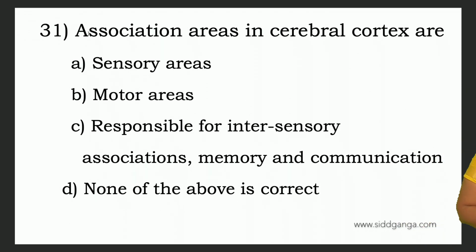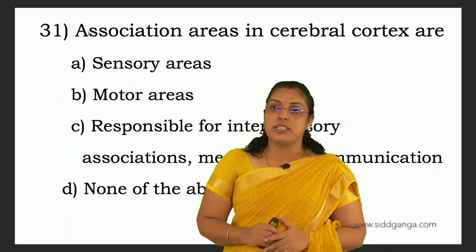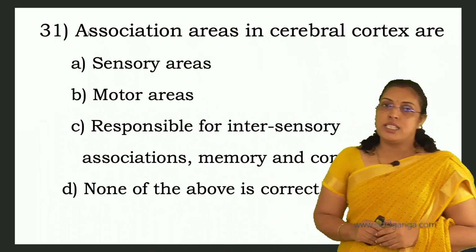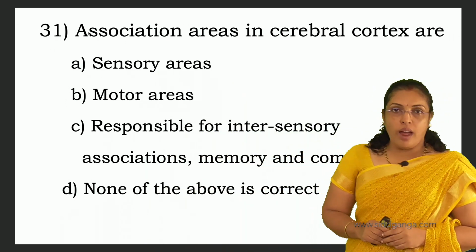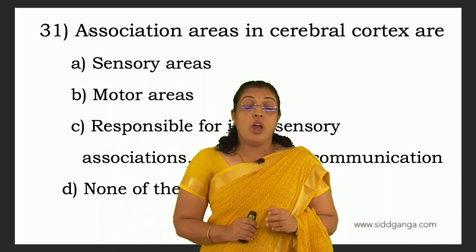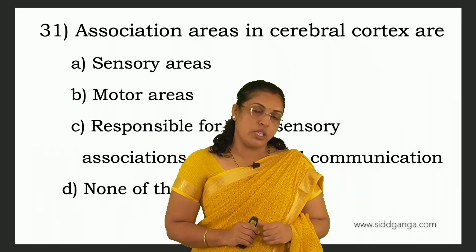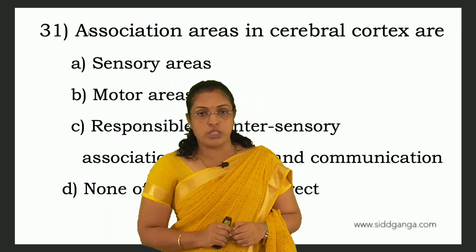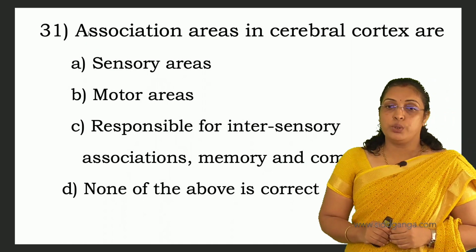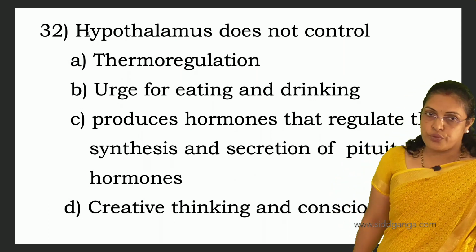So, we know that association areas in the cerebral cortex are responsible for intersensory associations, memory and communication. Association areas means where the nerves cannot be differentiated into sensory neurons or motor neurons. That area is responsible for intersensory association, memory and communication. Third is the option for 31.